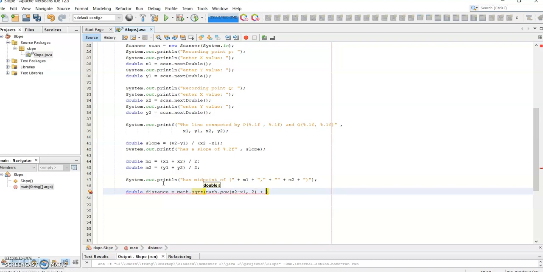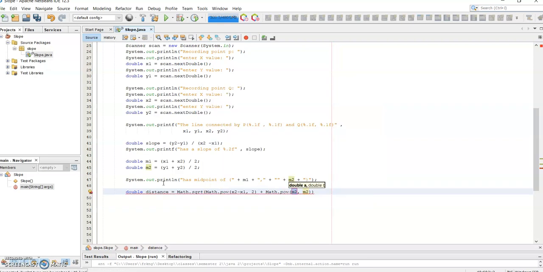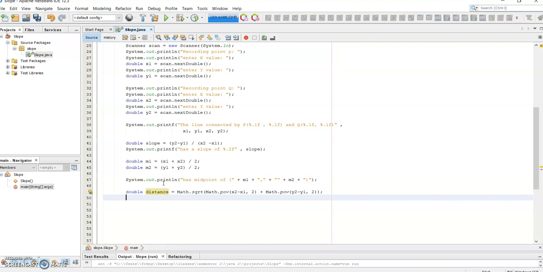And again Math.pow of y2 minus y1, comma, and power of 2, right? And semicolon.